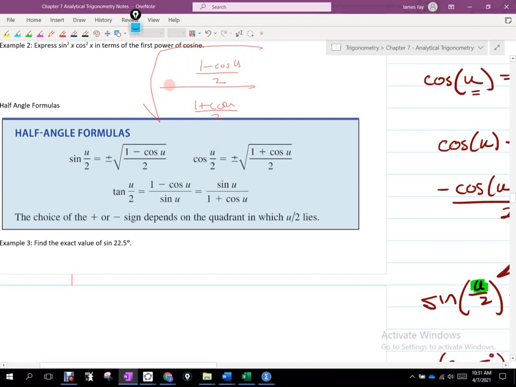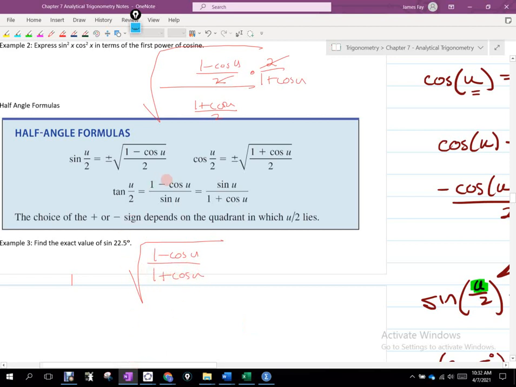Does that make sense? Now you have a fraction times a fraction, right? Can you multiply this times that, but the reciprocal of this times that? So that's going to give me 2 over 1 plus cosine of u. Those cancel, right? Okay. So I'm going to come down here and do the work. I have now the square root of 1 minus cosine of u over 1 plus cosine of u.